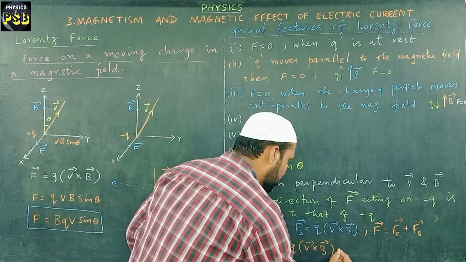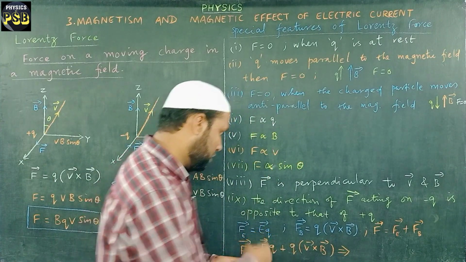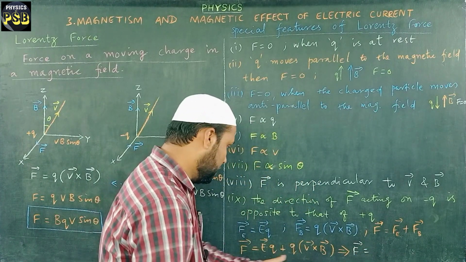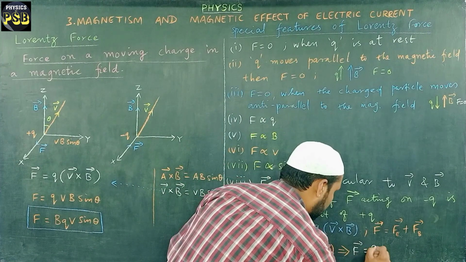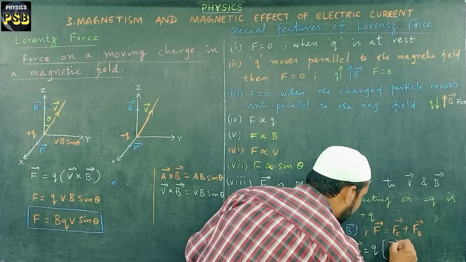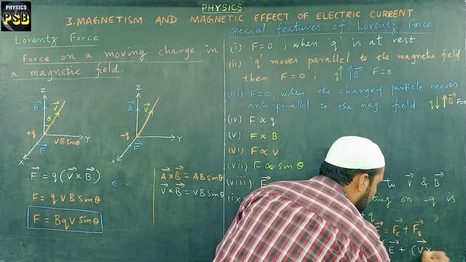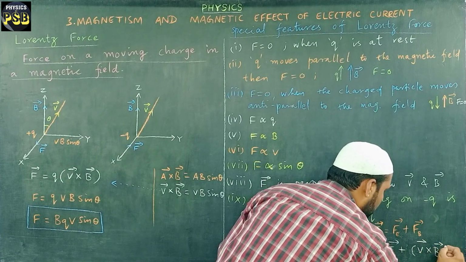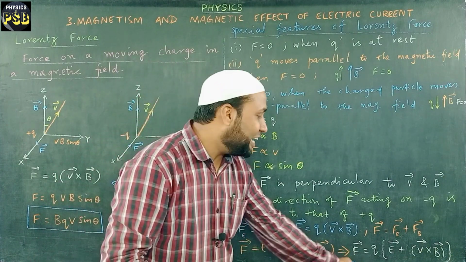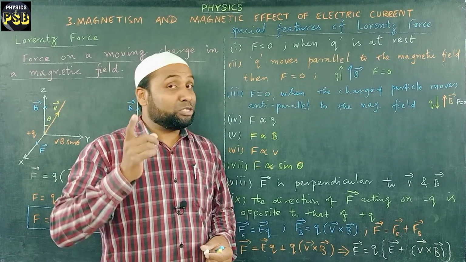This can be written simply as F vector equals Q times E vector plus V vector cross B vector, since Q is common in both cases.